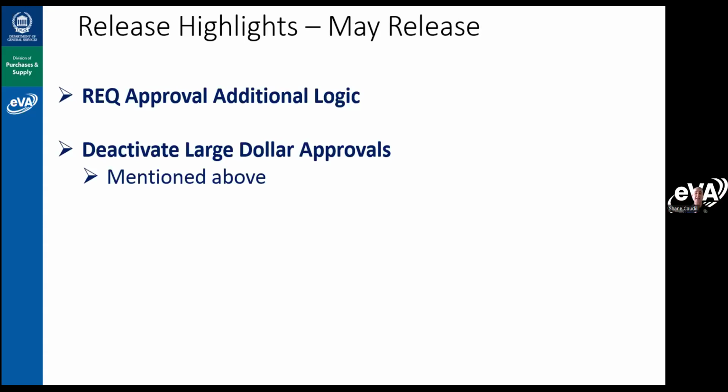We are adding in some additional logic after the workload management is done. So thinking about a requisitions approval flow, a requisition gets submitted, there's some expenditure limit approvals done. You might have buyer inbox configured, then it goes into your custom approvals.